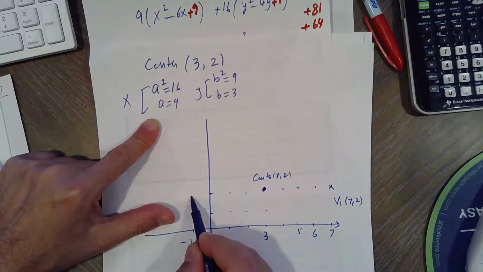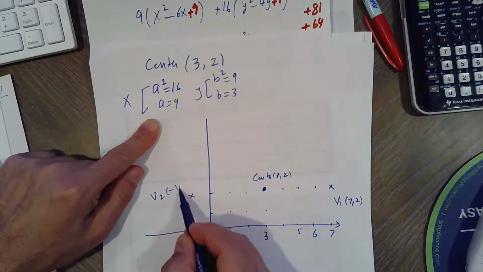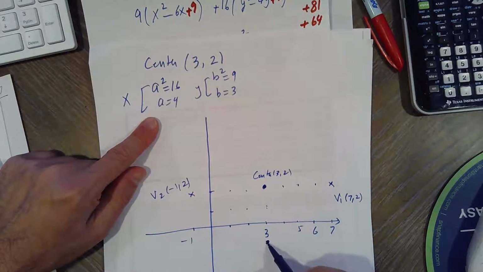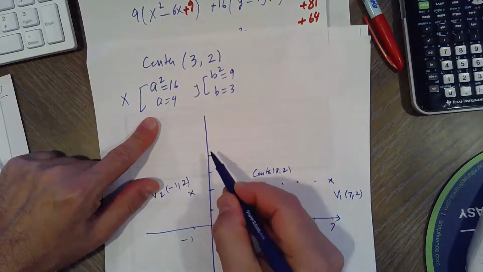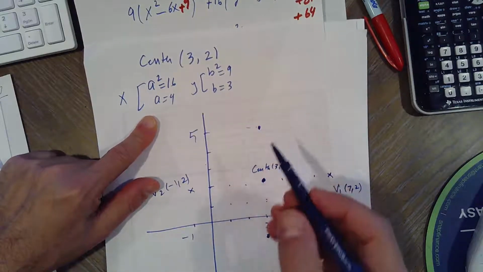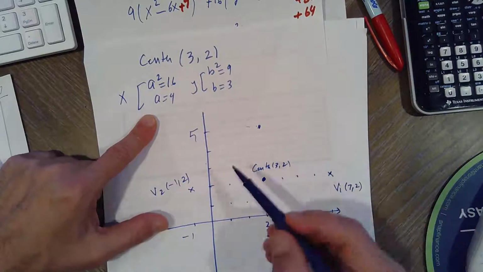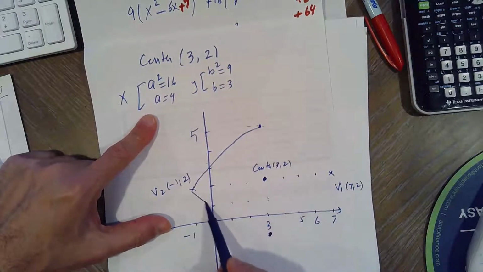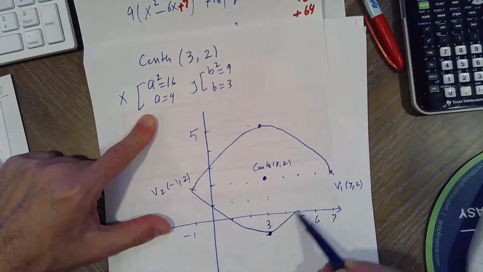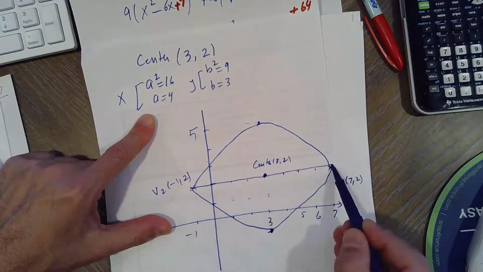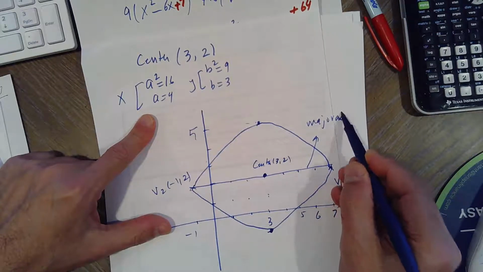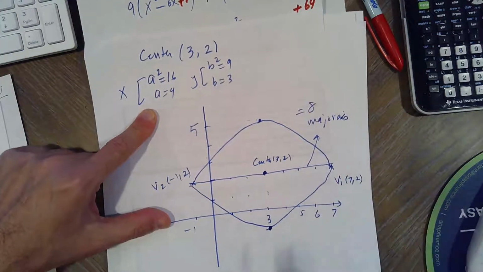So we're at (-1, 2). And then the b's are 3 and -3, 1, 2, 3. And then 1, 2, 3. So we're at (3, 5). And we get an elliptical shape. And there is the major axis, okay? Which is 8 units. 2a is 8 units.